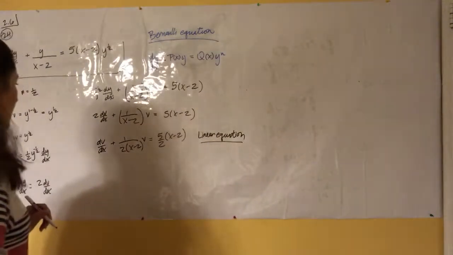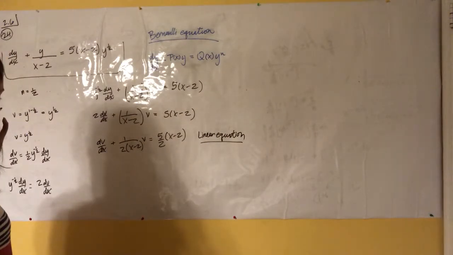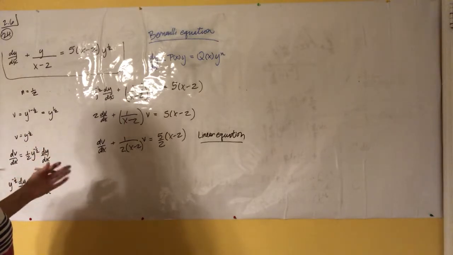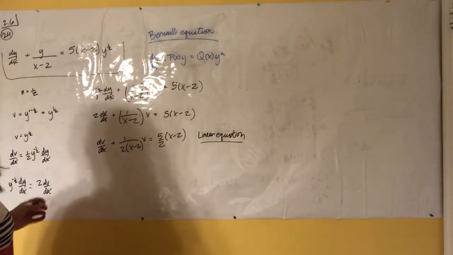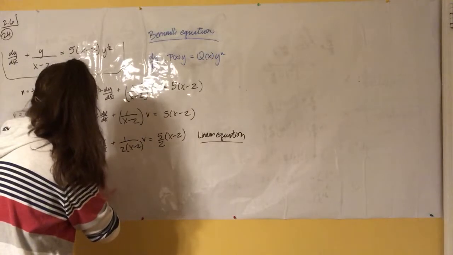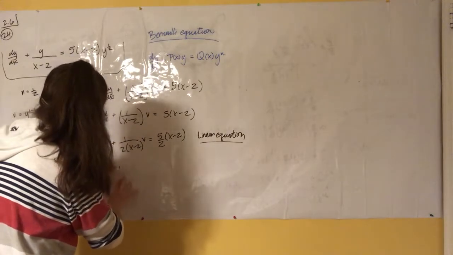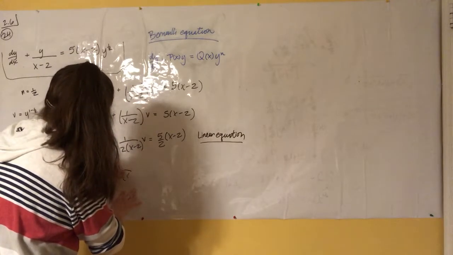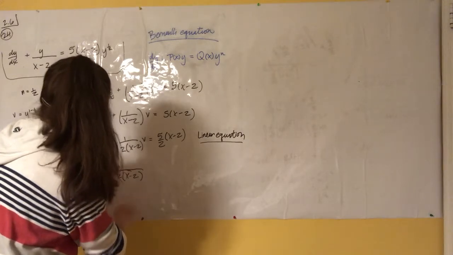The independent variable is x, the dependent variable is v. Okay, p of x is equal to 1 over 2 times x minus 2.